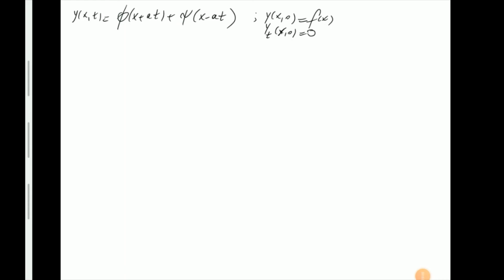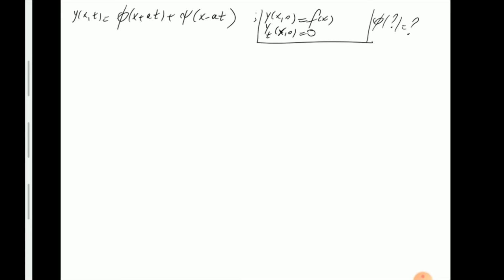Okay, so let's impose these initial conditions and see if we can find phi and psi. We're going to go slow, and we're going to have a homework question similar to this, so pay attention to how we find this phi and psi. Now remember, we are finding unknown functions here. The goal is to basically find what phi of the argument is. Then later on, you're going to plug in x plus at in the solution.